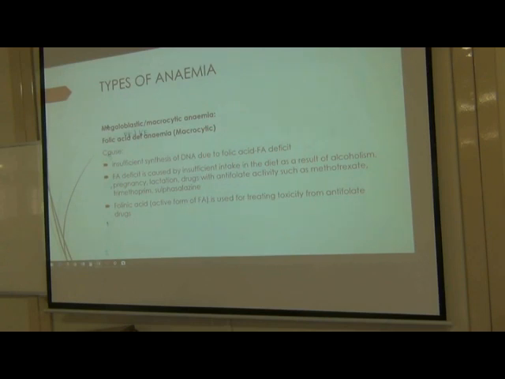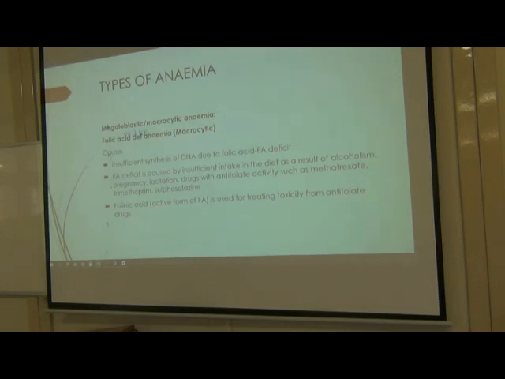So folic acid deficit would lead to folic acid deficiency anemia. Insufficient intake. Alcohol, when you study vitamins, you'd have seen that alcohol affects the absorption of folic acid. Pregnancy and lactation all affect the availability of folic acid.